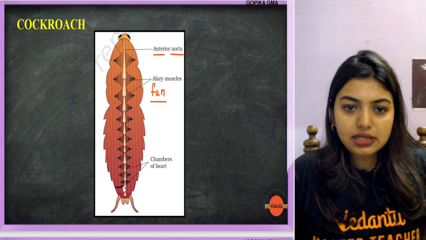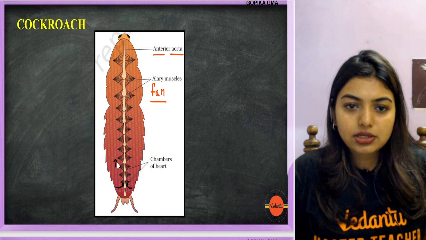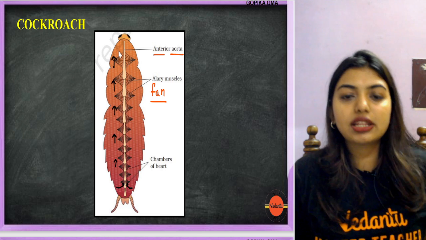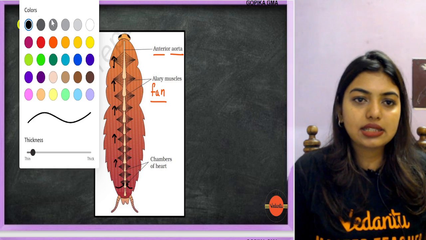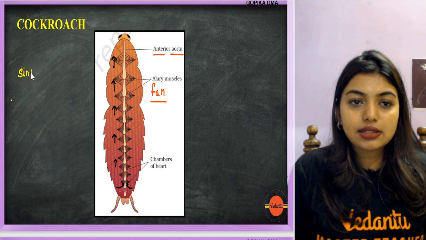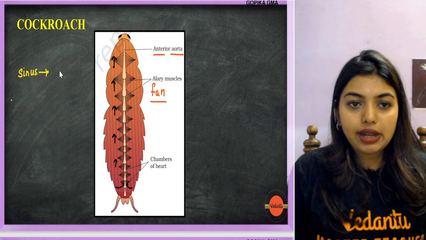From the spaces they are going to come inside through the ostia, and they are going to move upwards towards the head region. In the head region also there are going to be cephalic sinuses. That's why they're telling from sinuses. This sentence is very, very important: from sinuses, it is going to enter the heart with the help of ostia.